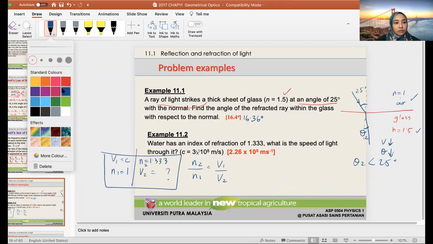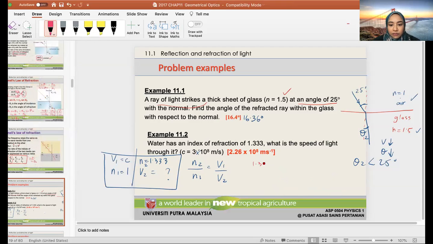Okay, so plugging in those values, n2 should be 1.333 over 1 equals V1. V1 is the speed of light, 3 times 10 to the 8 meters per second. And then I can find out what is my speed of light in water. So V2 should be 3 times 10 to the 8 divided by 1.333.